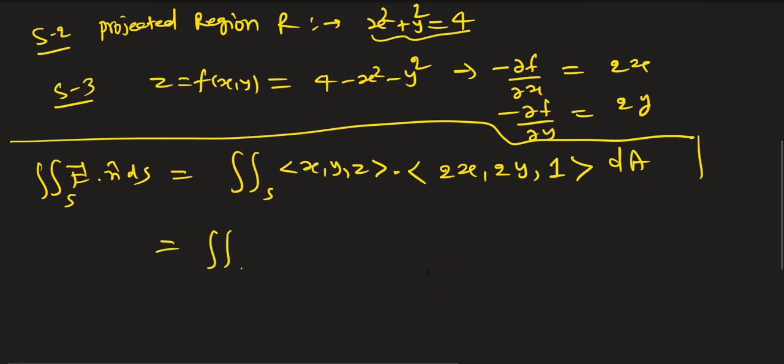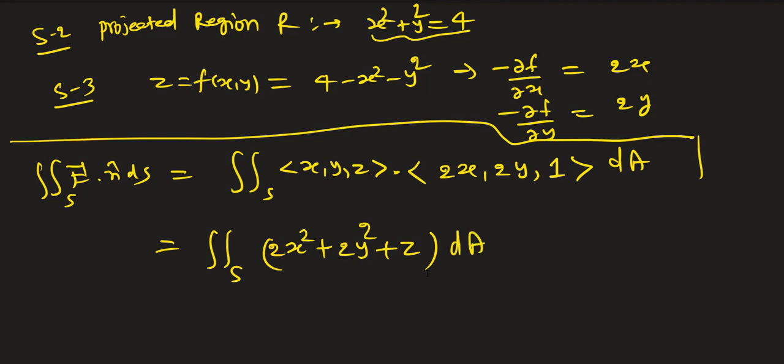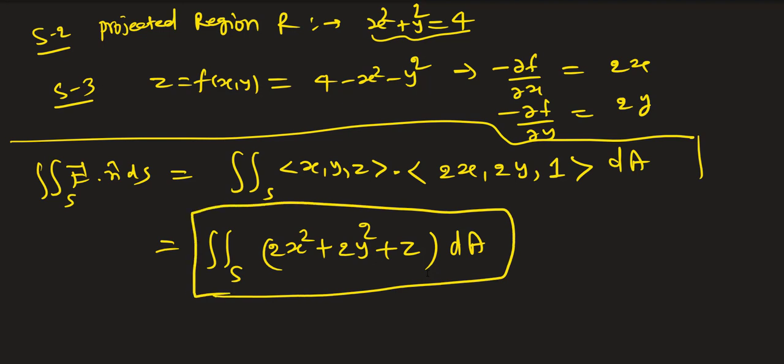So after solving this dot product, you will be getting 2x square plus 2y square plus z, multiplied with dA. So now it is kind of a double integral. And what is the region? I have to write this R because now you have converted this surface integral into the double integral, because now you have converted this dS in the form of this dA.